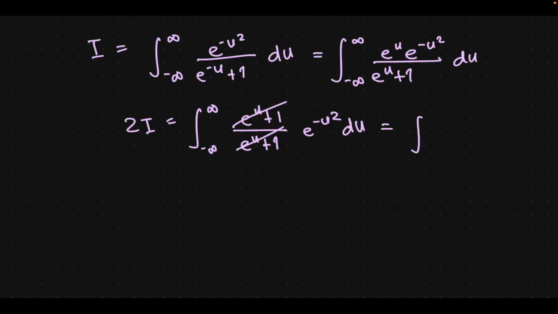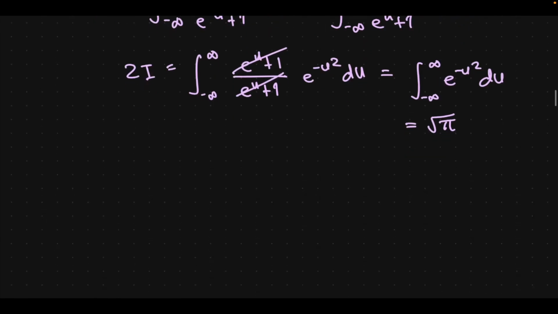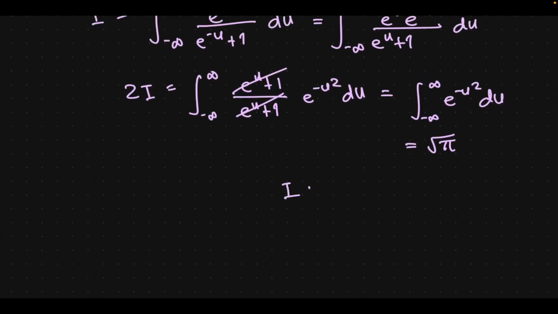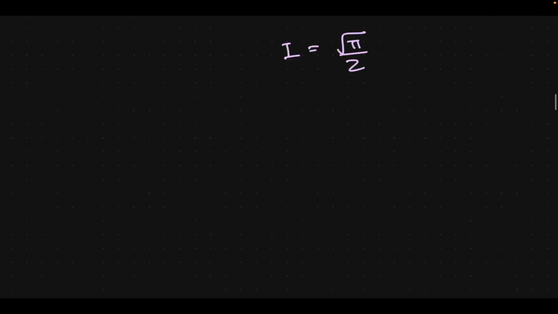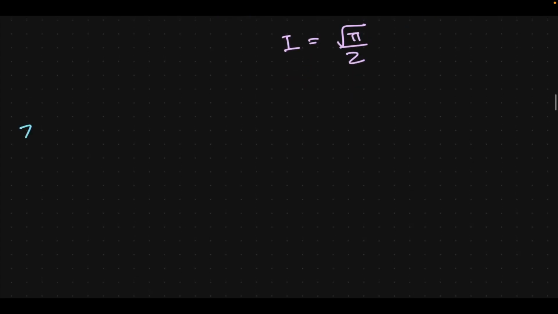So we just have the entire Gaussian integral, which we know, I've made a playlist on it, is square root pi. So the final answer, square root pi over 2. That's it. That's done. Now the next one, question number 7.